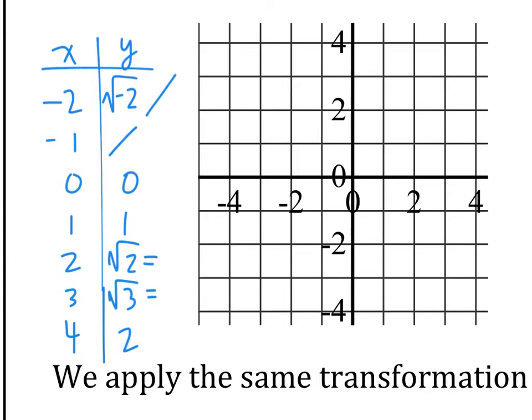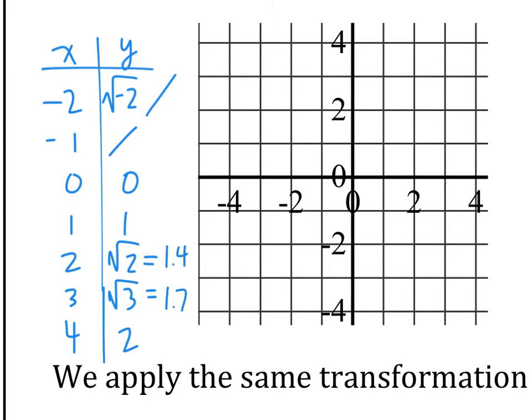What is square root 2? 1.41. Let's just stop at 1.4. I can't graph that accurately any more than tenths of a digit. What's square root 3? 1.7. Okay, so let's go ahead and graph.